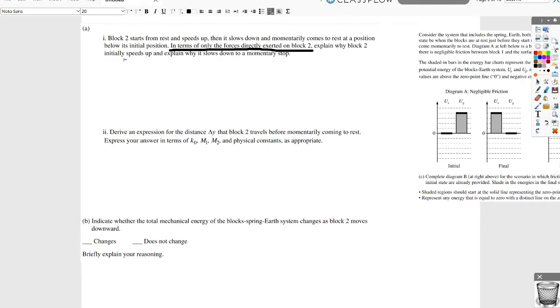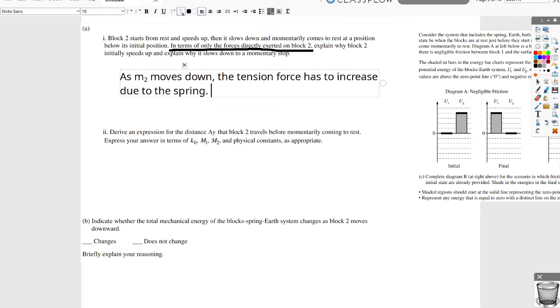So as m2 moves down, the tension force has to increase due to the spring, right? And that's pretty much it.